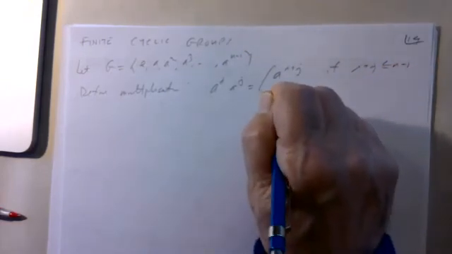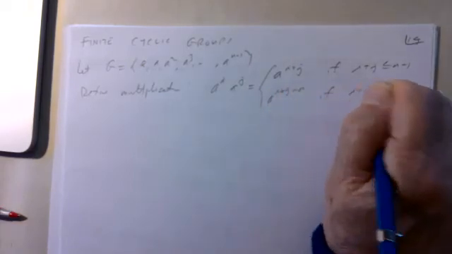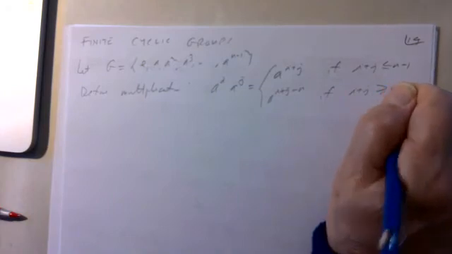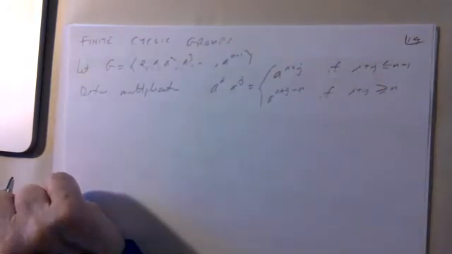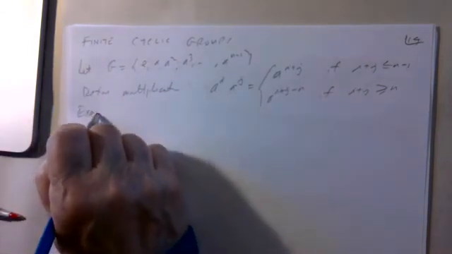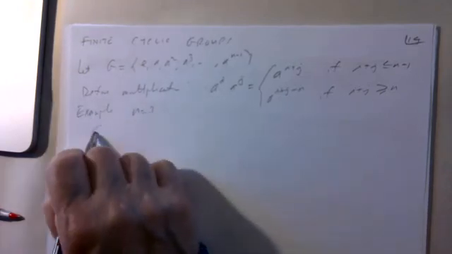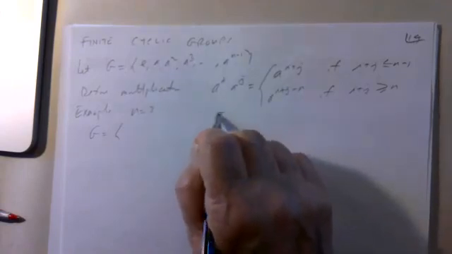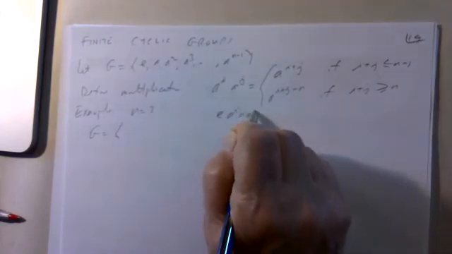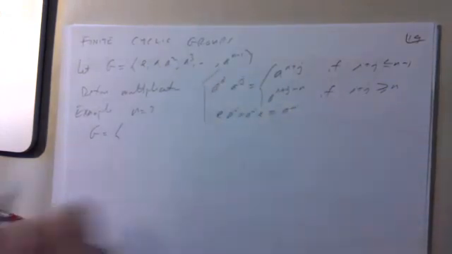And it's going to be A to the I plus J minus n if I plus J is greater than or equal to n. Also, I should say E times A to the I and A to the I times E is equal to A to the I. This is going to be the identity.